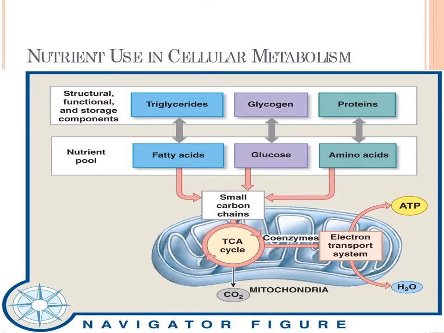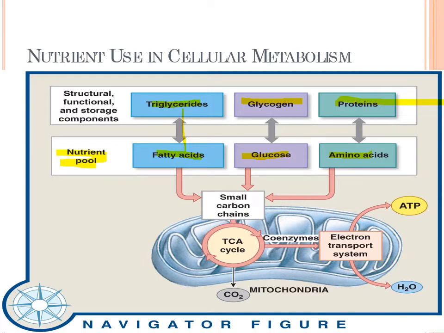This one is showing us we have our nutrient pool. So in our nutrient pool, we have fatty acids, we have sugars in the form of glucose, we have amino acids, and those molecules can be pulled out of the nutrient pool in order to create triglycerides, glycogen, and proteins, or they can be pulled out of their triglycerides.